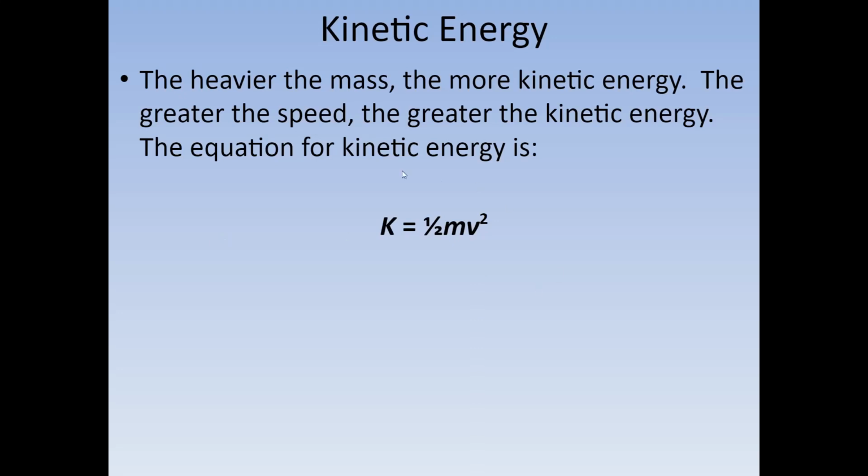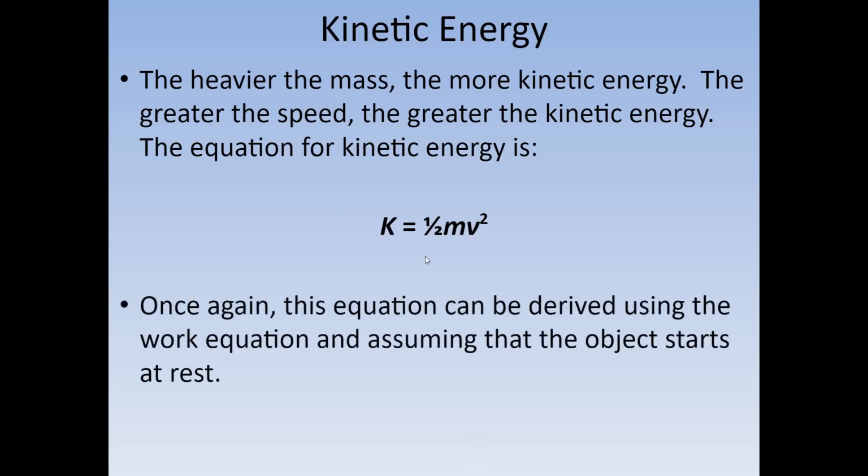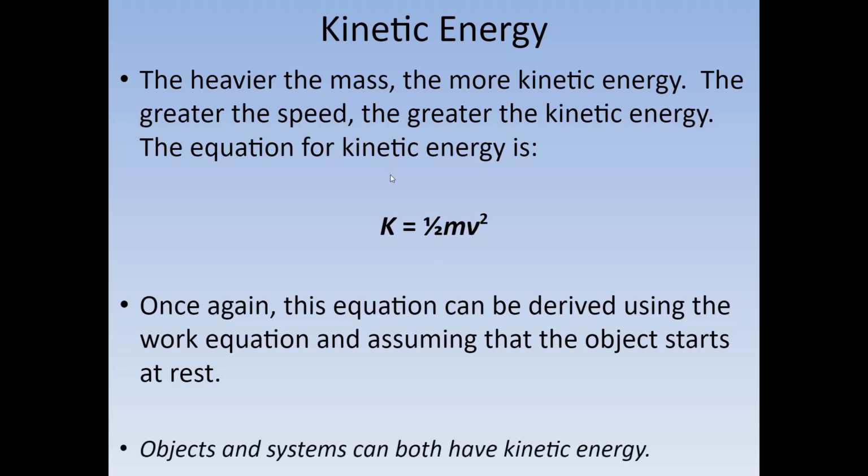So this is the equation for kinetic energy. This can also be derived using the equation for work, where we assume that the object starts at rest. The other thing I need to mention is that objects and systems can both have kinetic energy.